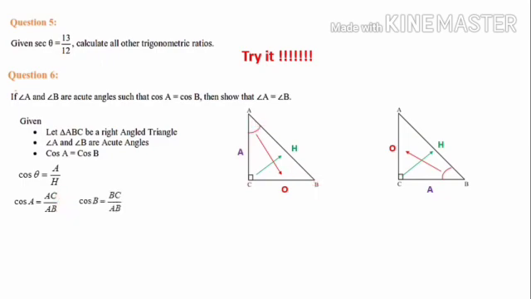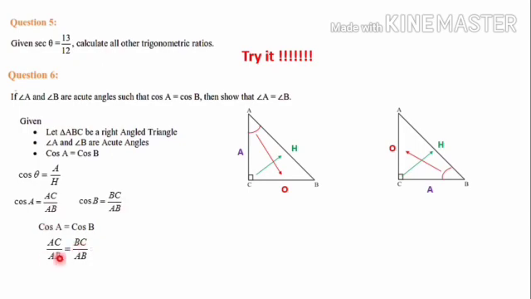Then cos B is equal to, again, A by H. A is BC, H is AB, so cos B is BC by AB. Then there is a given condition, that cos A is equal to cos B. It is given in the question. Then substitute: cos A is AC by AB, and cos B is BC by AB.